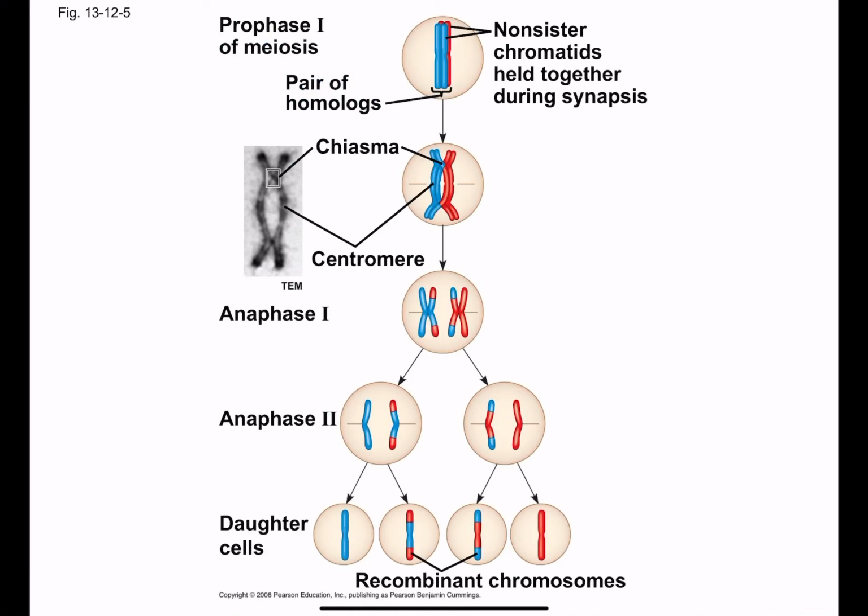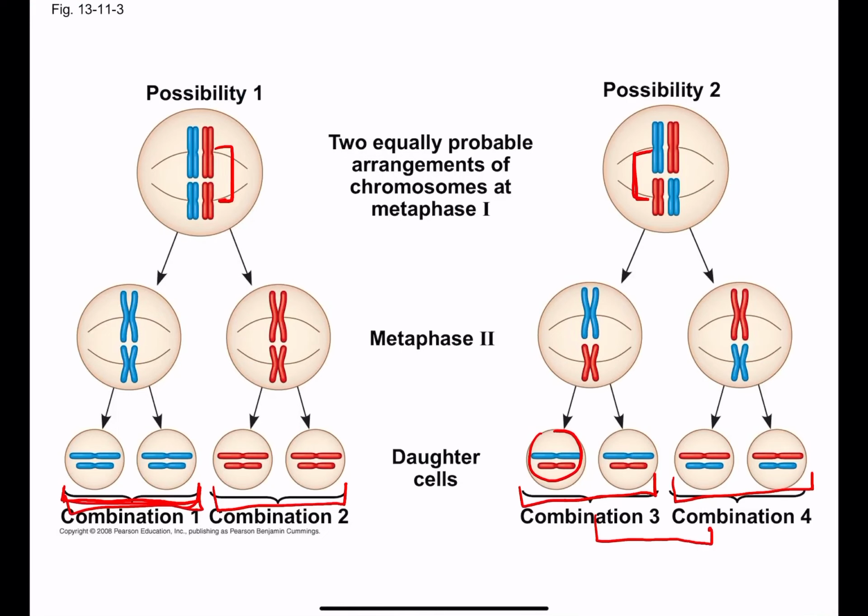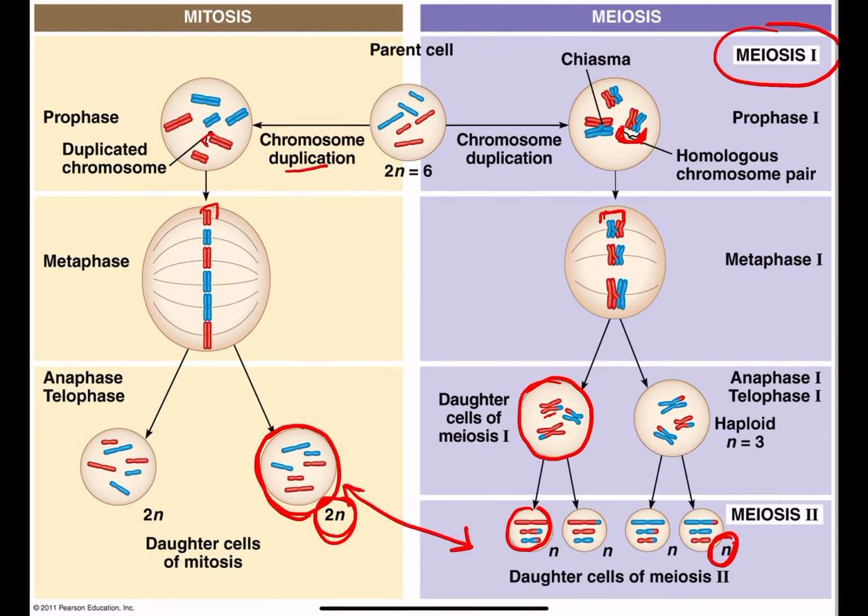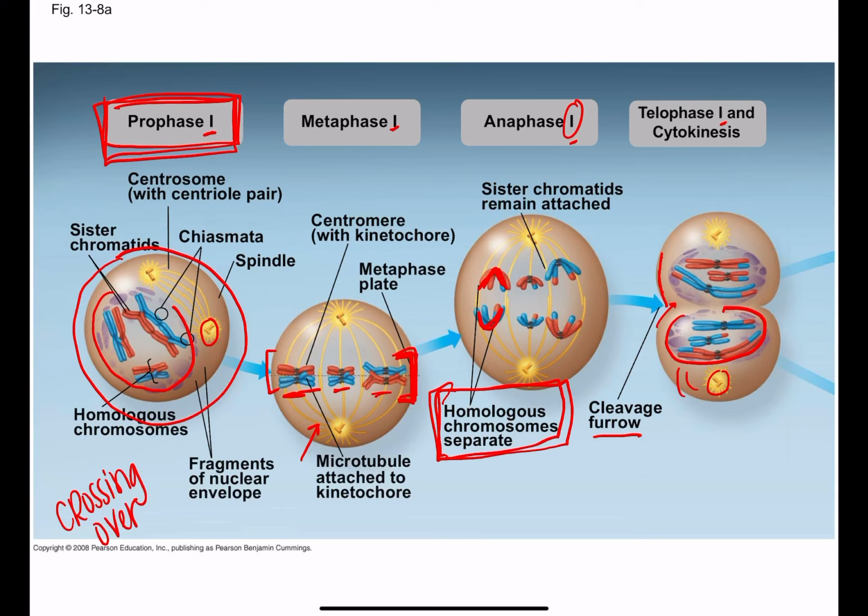Okay, so what crossing over is, and it shows it in that other picture, I'll go back to it in just a second. Non-sister chromatids come together in something that's called synapsis. Okay, let me show you back on this other image right here. These two homologous chromosomes pair together, and they come together like this, and that's called synapsis.